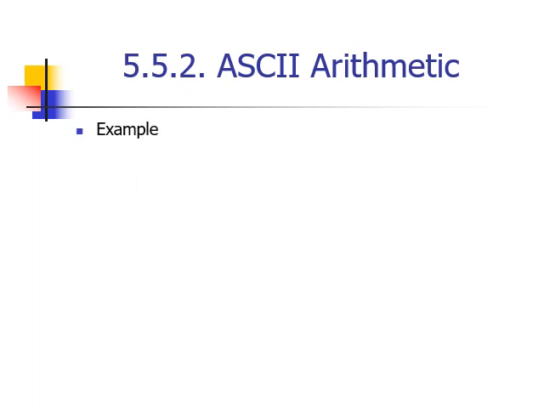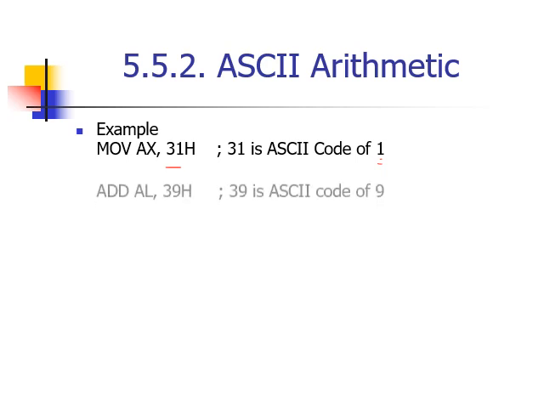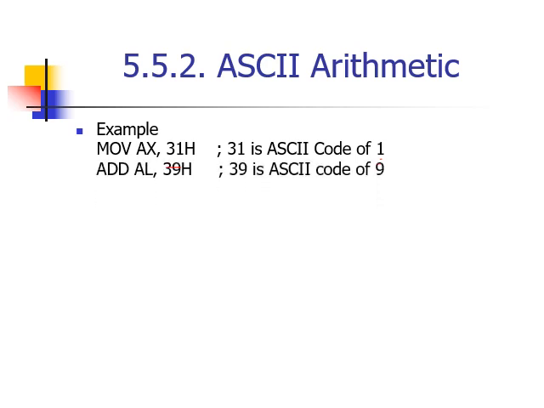Here is an example for the ASCII arithmetic. Move 31 to AX. This is the decimal digit 1. Add 39 to AL. 39 is the decimal digit 9.